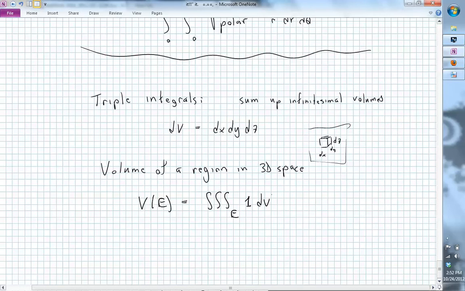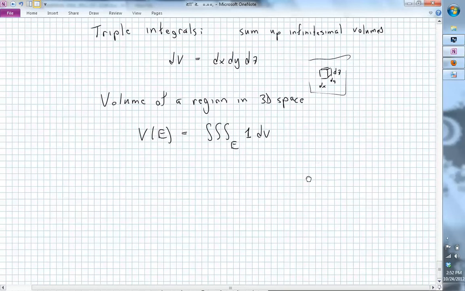And there's nothing earth-shattering going on here. In fact, you would probably never really want to compute volume this way. You'd probably rather go back to the double integral and compute volume that way. But this is where we're going to start today, and then we're going to end up integrating things that are not 1 and interpreting those appropriately. We're going to start by computing the volumes of various shapes using triple integrals.